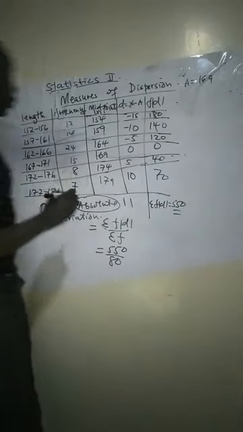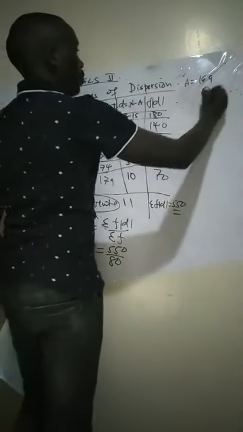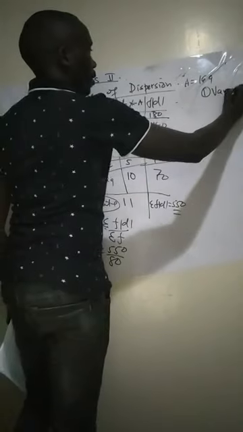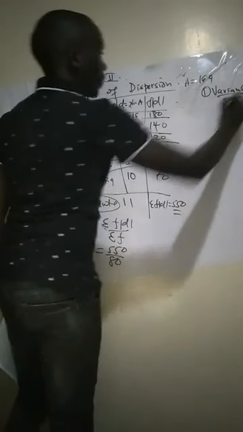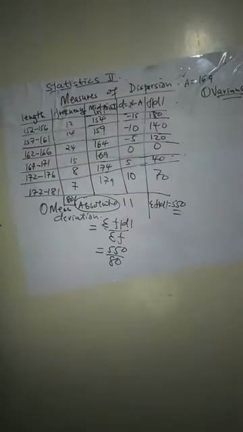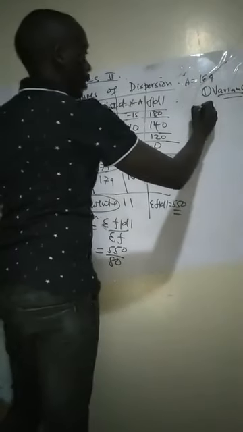But now, in that case, that takes us to the next level, which is number 2, variance. How do we get variance?